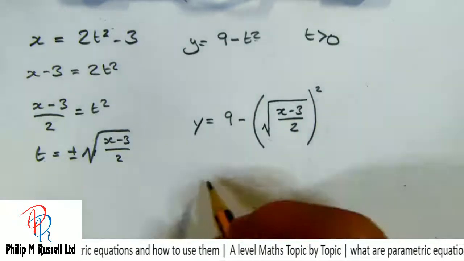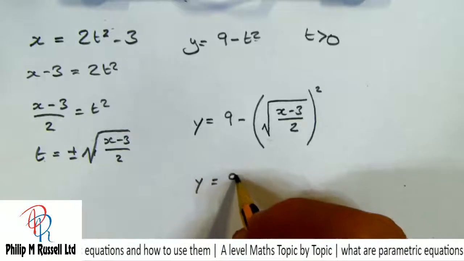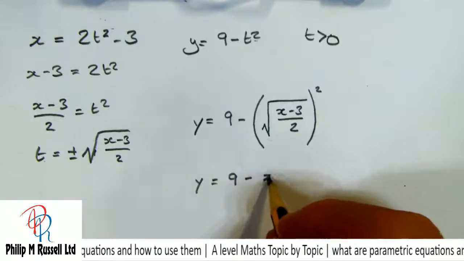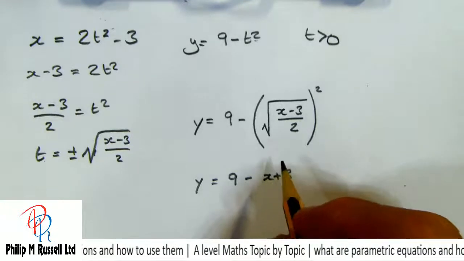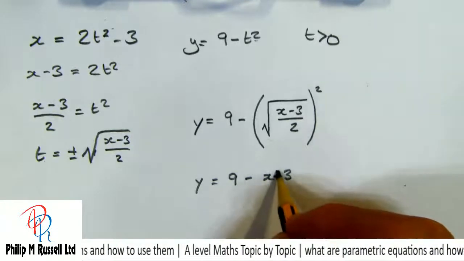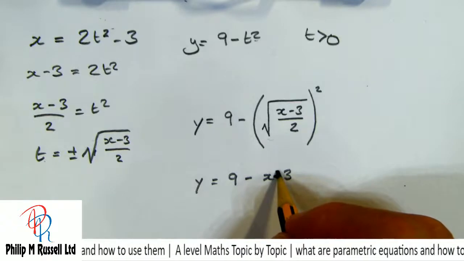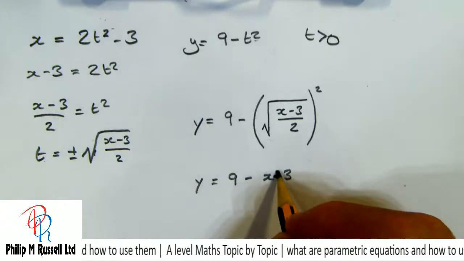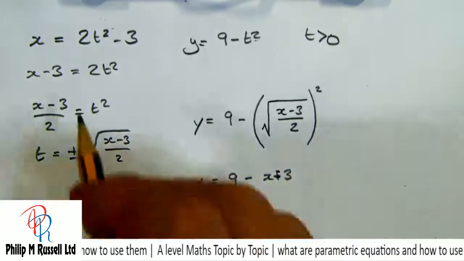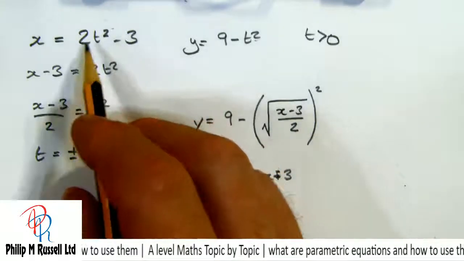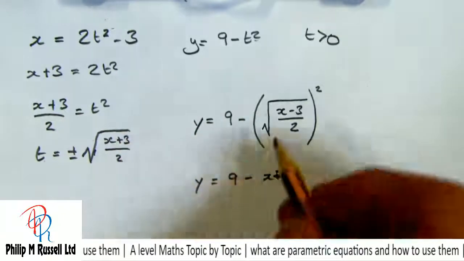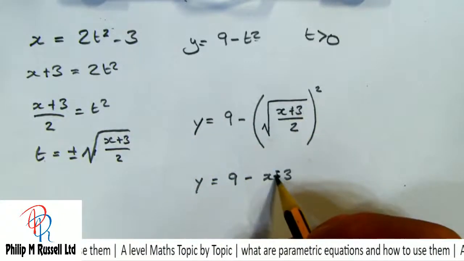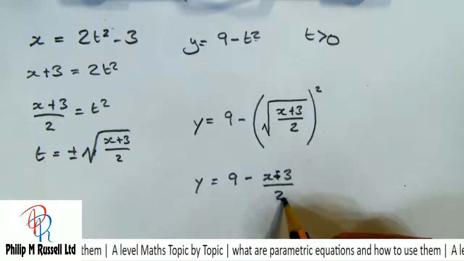So this is going to give me y equals 9 minus x plus 3, that was minus 3, that's got to be plus 3. Yeah, I was right. x plus 3 over 2.